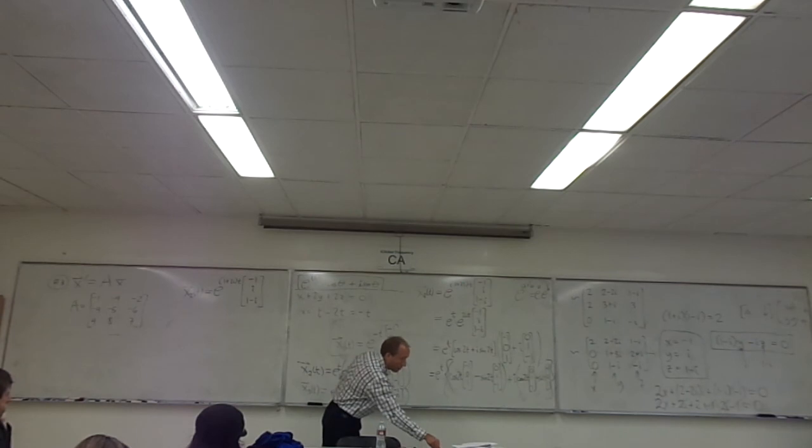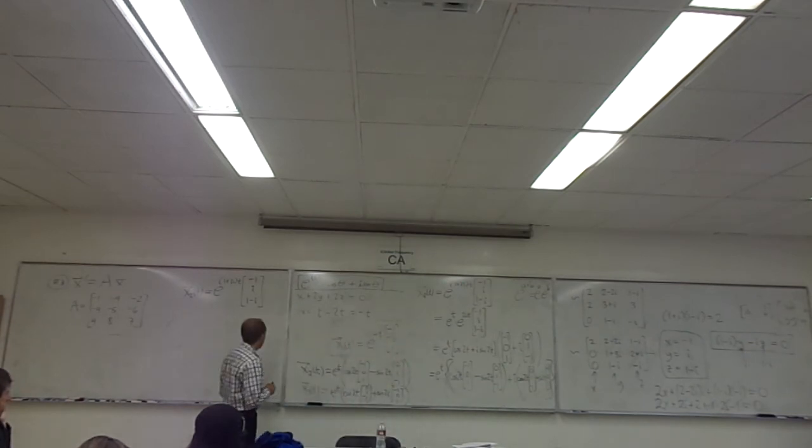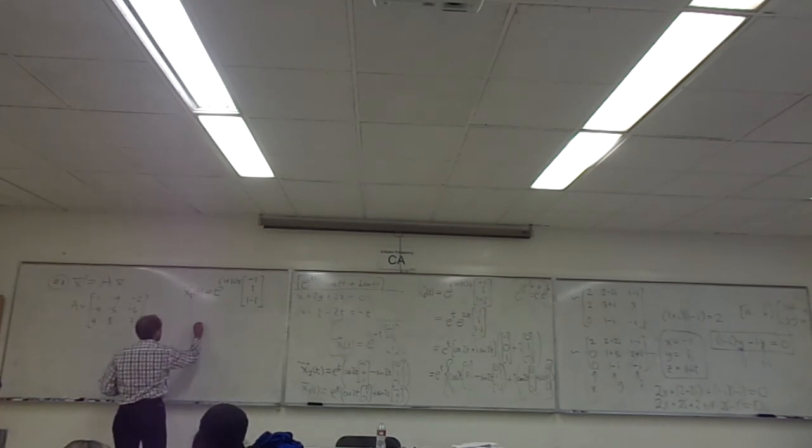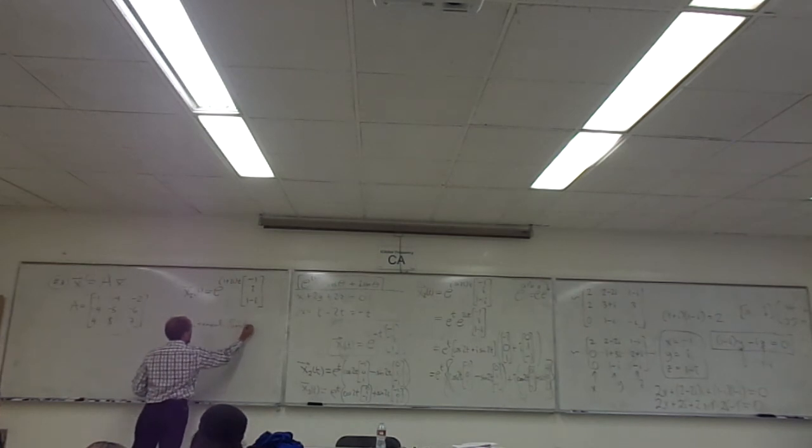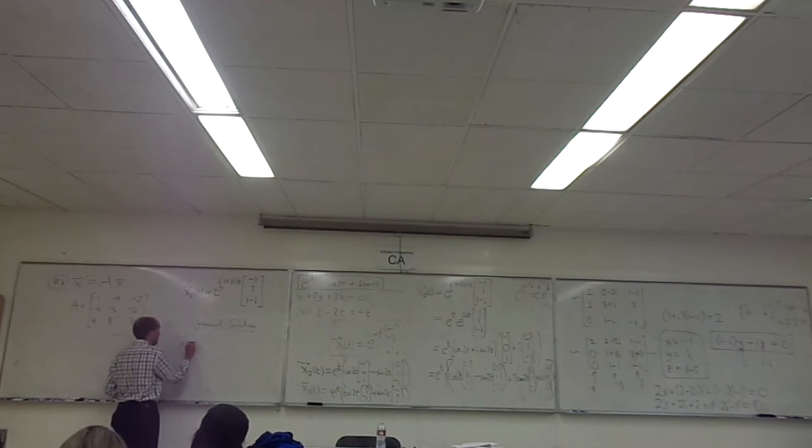So what do we have to do next? Put it all together. That's all we got left to do. So the general solution now, this is the last part, is just where you write down x of t as a linear combination of the solutions you have.